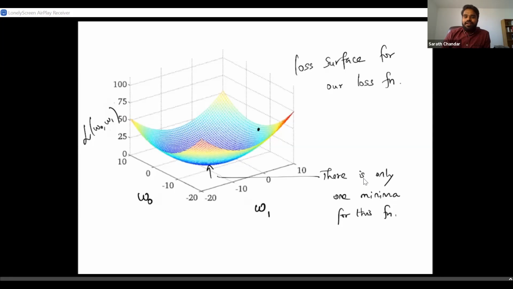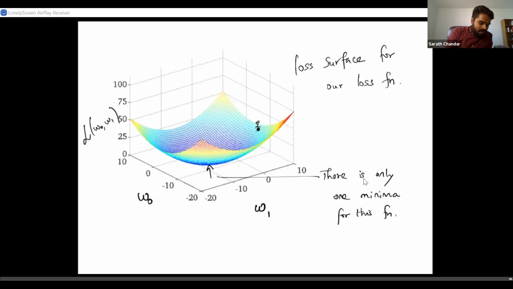So even before understanding derivatives and going in the opposite direction of derivatives, let's just look at this picture, right? Let's say I choose a random W0, W1, and let this black dot be the loss that I receive. Imagine I put you blindfolded in the place of this black dot. Now I want you to go to the minimum. How would you go to the minimum? When you are blindfolded, you are going to check with your legs which direction is going down, right?